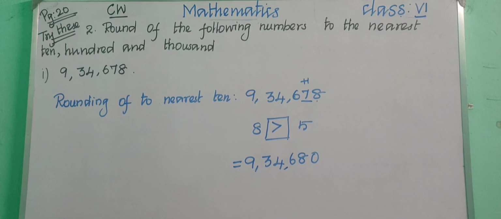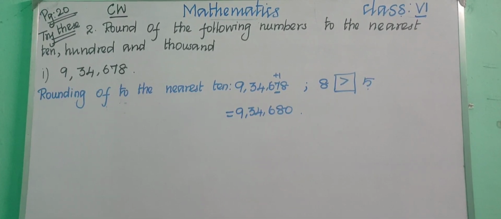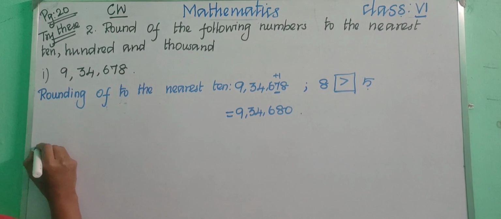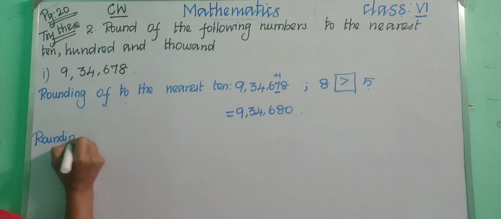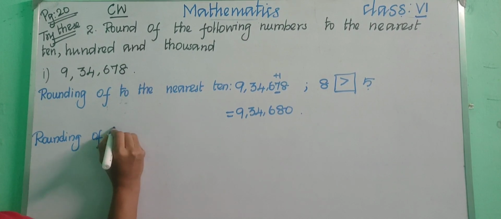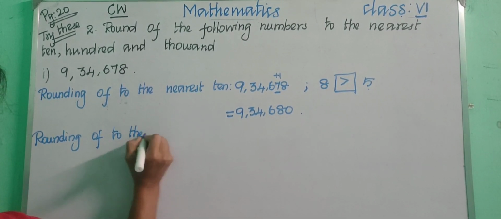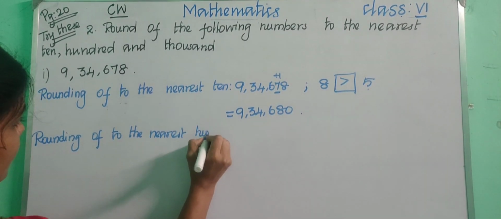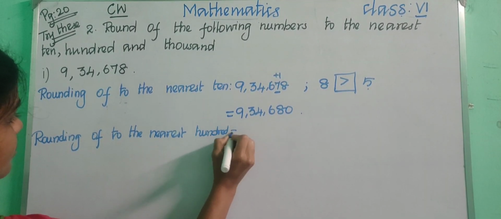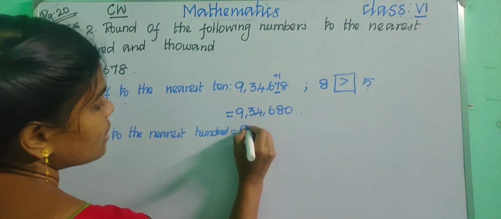Can you all understand? So let us round off to the nearest hundreds. Rounding off to nearest hundreds.